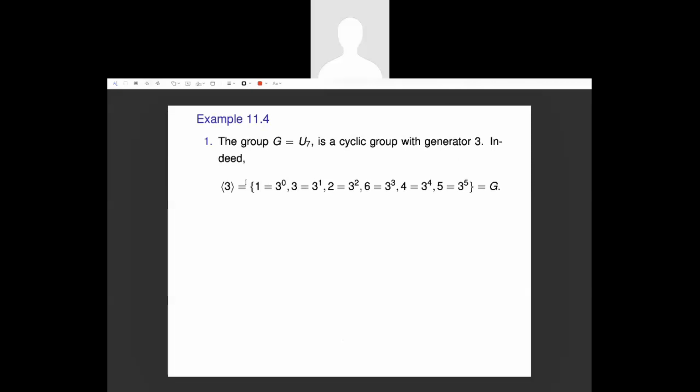So 3 to the power 0 is 1, 3 to the power 1 is 3, 3 to the power 2 is 9, divided by 7 the remainder is 2, 3 to the power 3 is 27, divided by 7 the remainder is 6, 3 to the power 4 has remainder 4, and so on. All elements of G are generated by this.